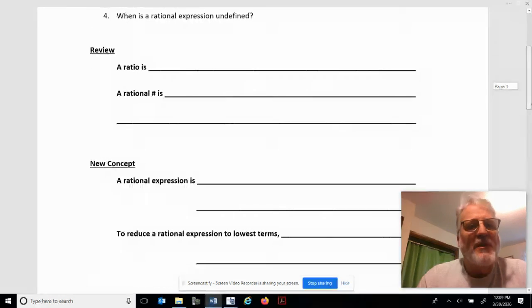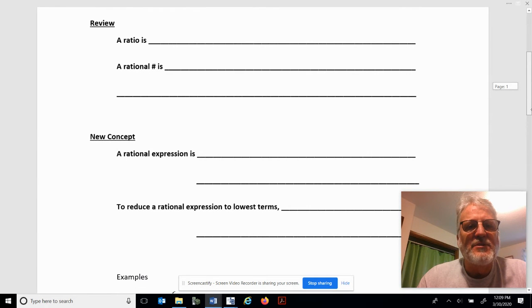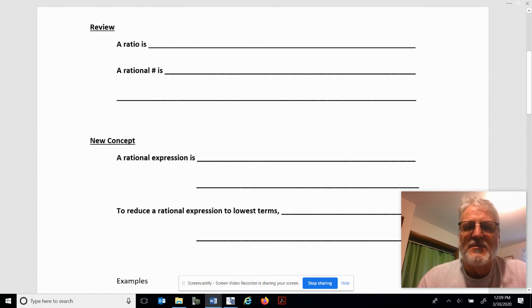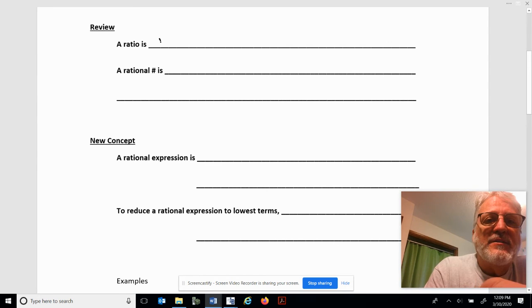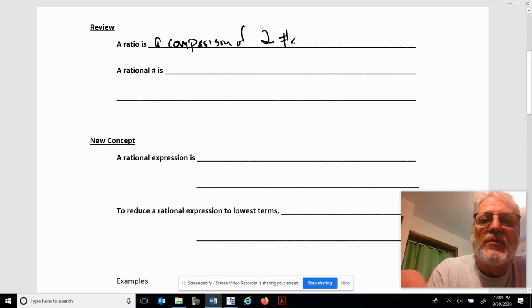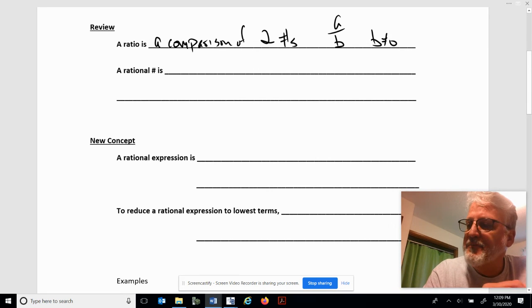So to talk about rational expressions, we need to talk about ratios and rational numbers. So this is going to be just a quick review of ratios and rational numbers. So a ratio is a comparison of two numbers. Usually it's written as a fraction, and the bottom cannot be equal to zero. Okay?